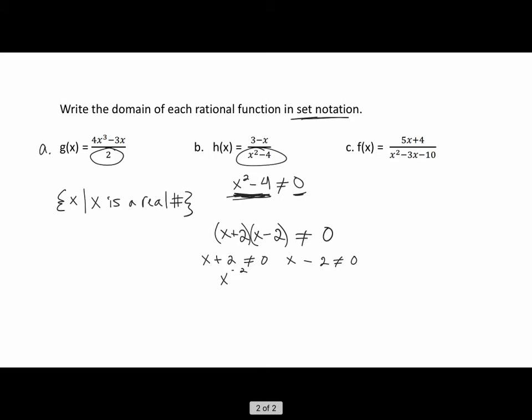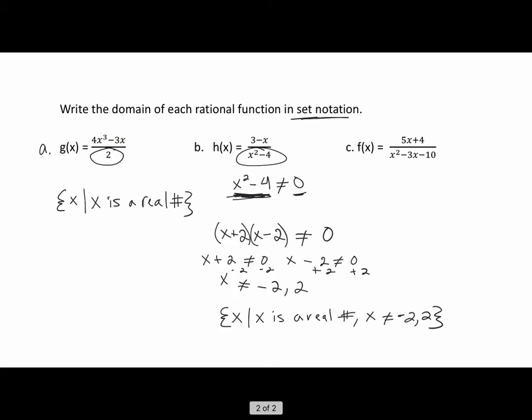So then if I move that number term to the other side, I'm going to find x is not equal to negative 2 and x is not equal to positive 2. So the domain is the set of x such that x is a real number and x is not equal to negative 2 or positive 2. Close it up.